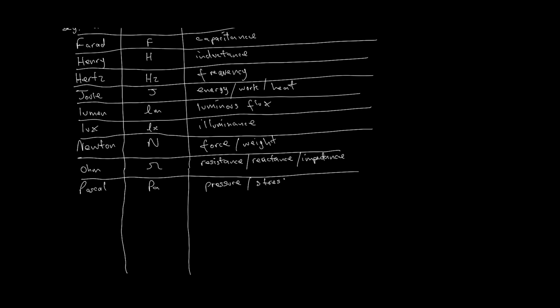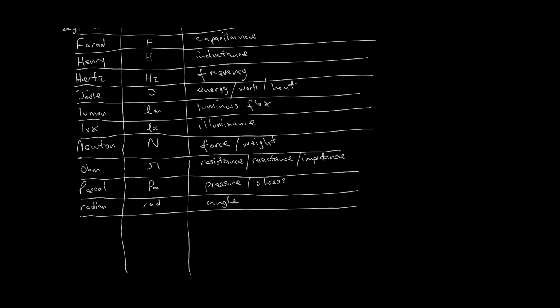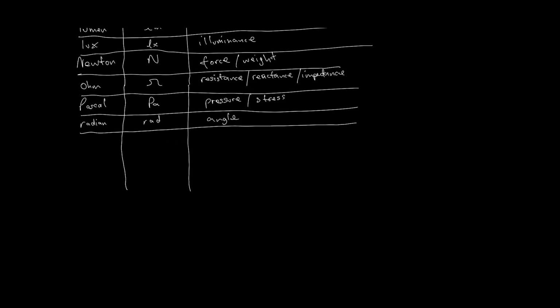It's not pressure over stress, it's just pressure or stress, okay. Radian. Radian, we give it the symbol rad. And of course this is to do with angle. Okay, that's the more modern way to represent angles, certainly for signals.